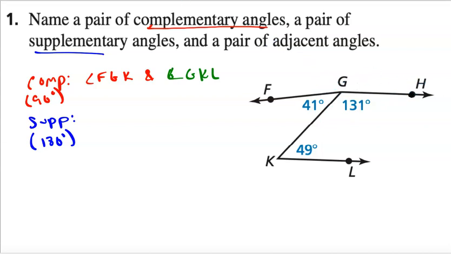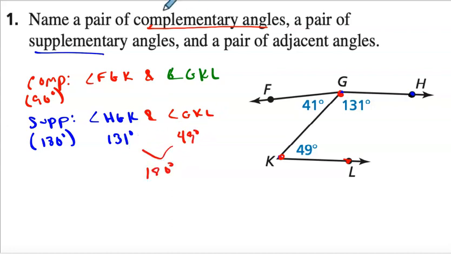I'm going to take this bigger angle here, angle HGK, which is 131 degrees, and I'm also going to take this 49 degree angle here, angle GKL, which is 49 degrees. Add the two together and you get your 180 degrees.